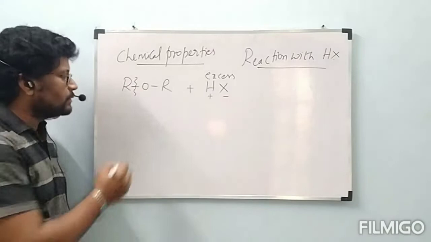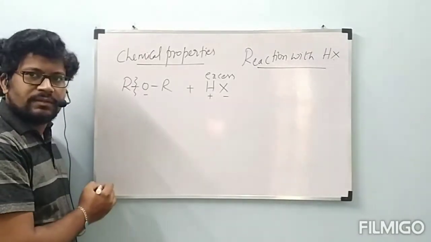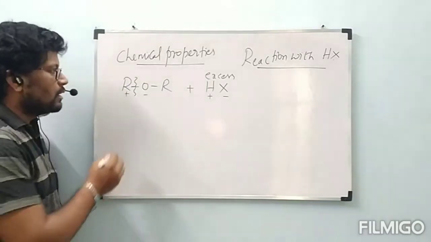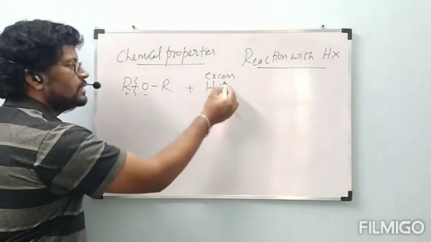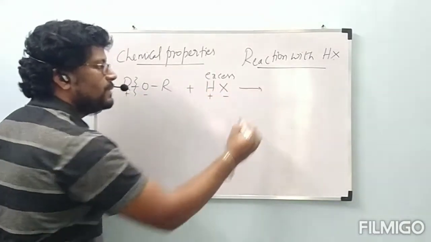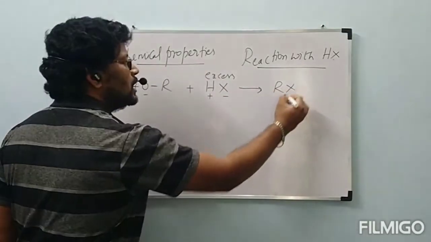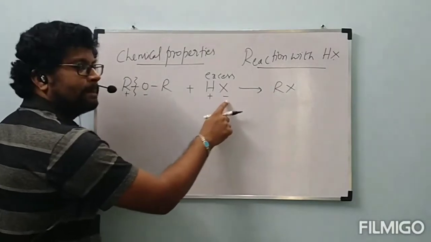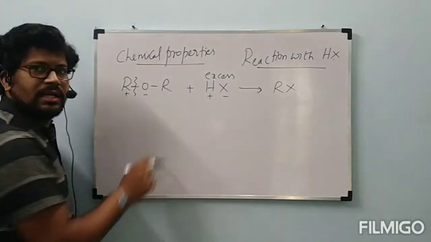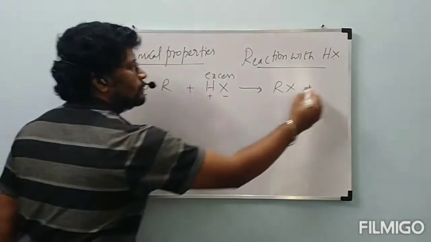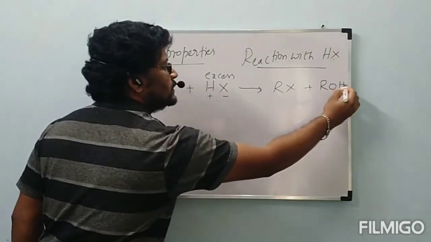Oxygen is more electronegative, so it gets negative charge and R gets positive charge. Then R plus and X minus combine to form RX, and RO minus and H plus combine to form ROH.